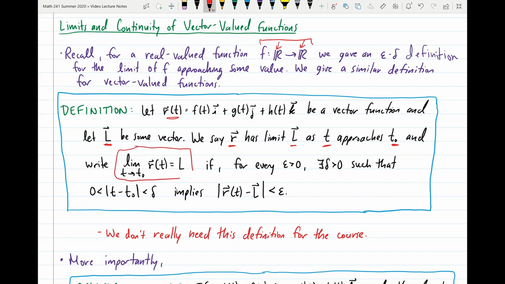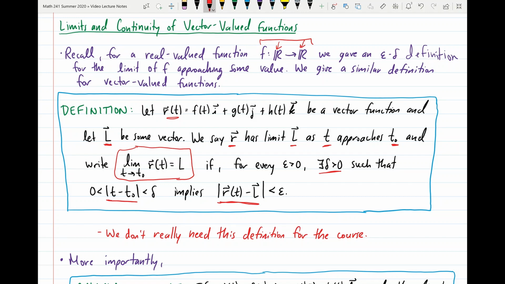It's the same kind of notation. So we have the limit as t goes to t naught of our vector function r is equal to L if for every epsilon greater than 0, there exists a delta greater than 0 such that whenever the absolute value of t minus t naught is between 0 and delta, it implies that the length of the vector r minus L is less than epsilon.